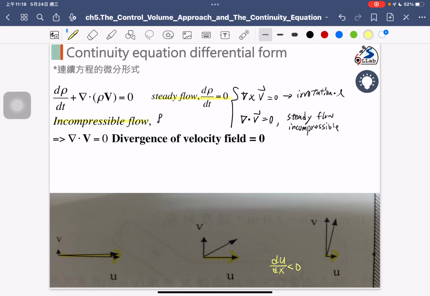And then if we assume the point here propagates outside, you see the v velocity is initially smaller and becomes larger and larger. So that indicates we will have dv/dy larger than 0.